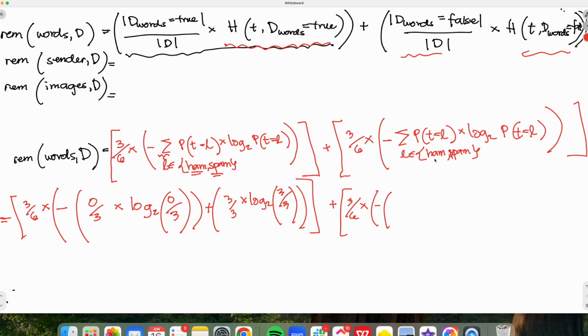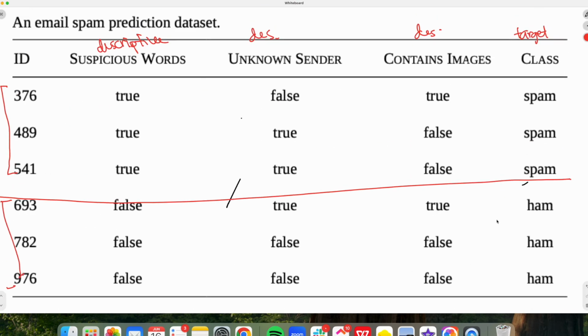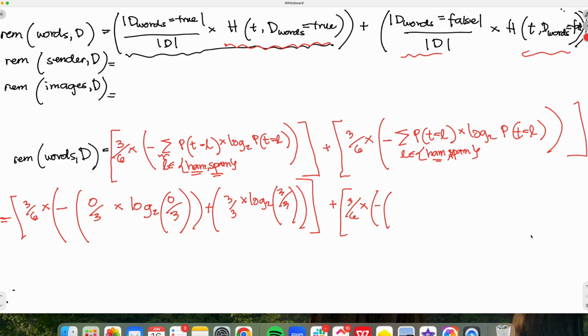Let's say ham such that the words are false. So you can see here that this is 3 over 3. So this is 3 over 3 times log of base 2, 3 over 3, and then plus, since this is a summation.